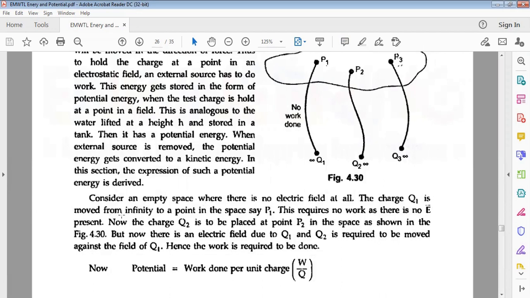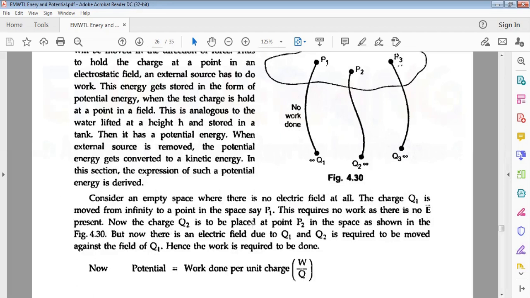The charge Q1 is moved from infinity to a point P1 in the space. This requires no work as there is no E bar present, meaning there is no other charge, only Q1.